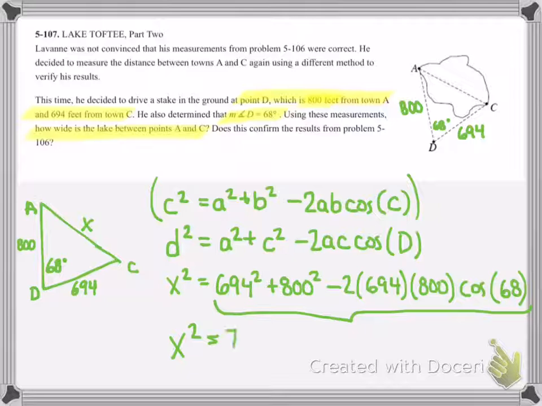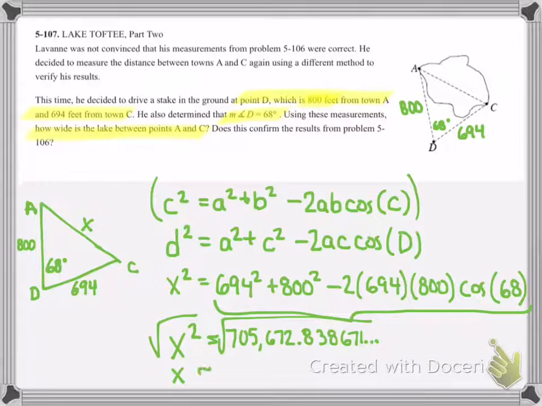When I do that, I get 705,672.838671. And then to solve for x, or for d, we're just going to square root both sides. And when we do that, we get approximately 840.04 feet.